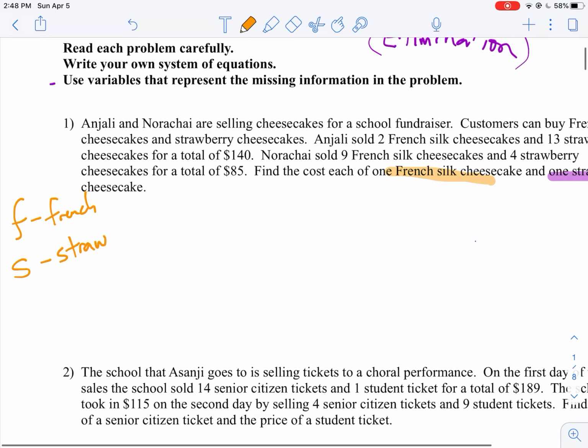If I were you, I would stay away from vowels. A is okay, but the others get kind of iffy. I wouldn't use I or E. O looks too much like a 0, so I usually just try and use consonants. So French silk cost is F, strawberry is S.